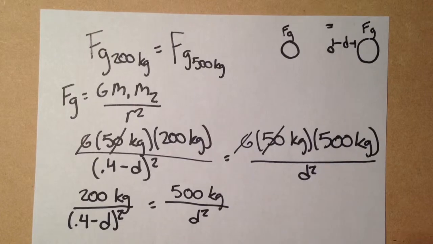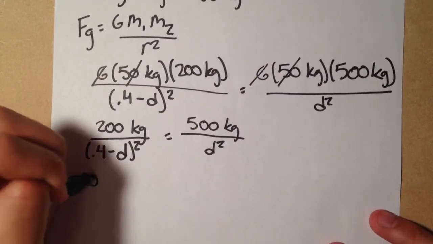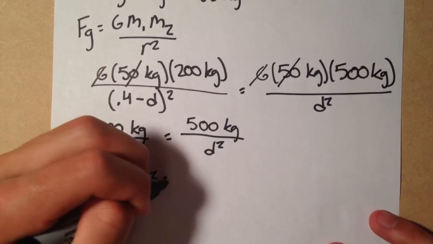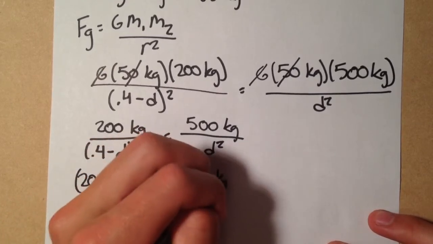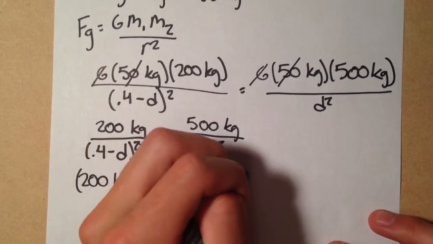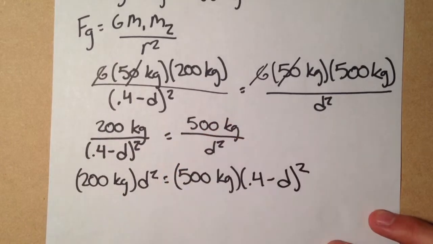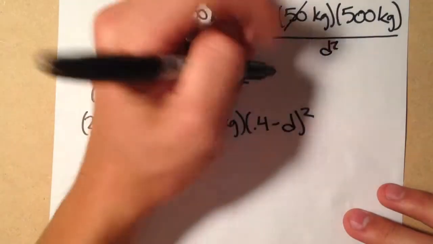And then we can cross multiply this, leaving us with 200 kilograms d squared equal to 500 kilograms multiplied by (0.4 minus d) squared. So what we're going to have to do is FOIL this out.